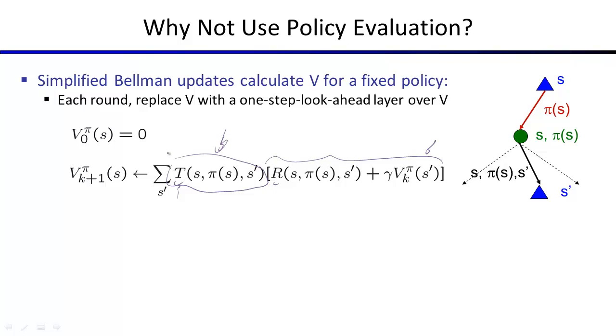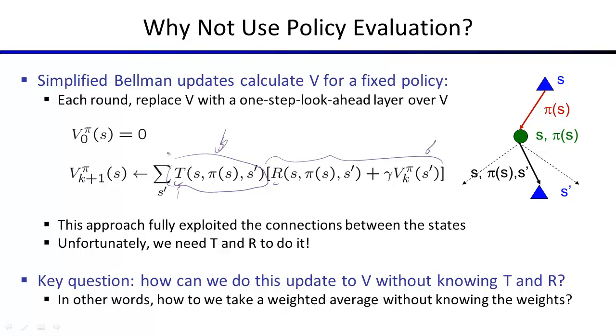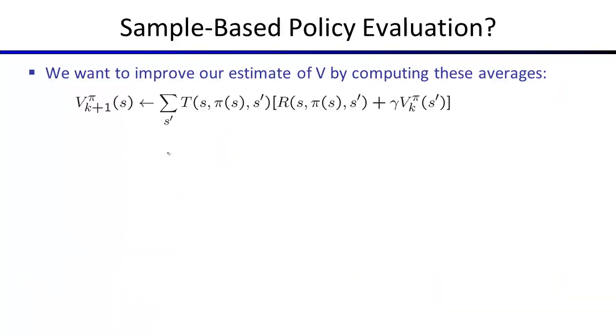And that's what we're going to be after now. So we need T and R to do this as shown here, but let's see if we can avoid this. So we want to compute these averages, but from samples rather than using T and R explicitly.